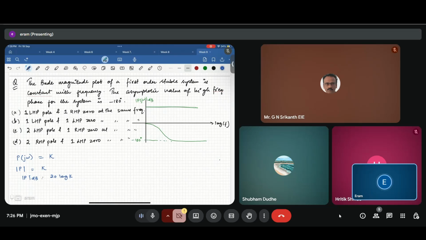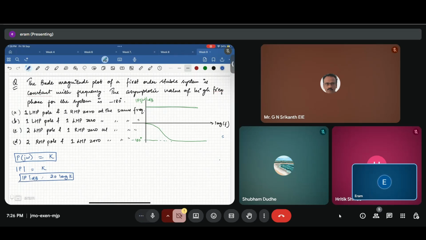But this cannot be the case here. Why this cannot be the case? Because if you see the phase plot, if the transfer function was constant, then its magnitude plot will be constant, and also its phase plot will be constant.